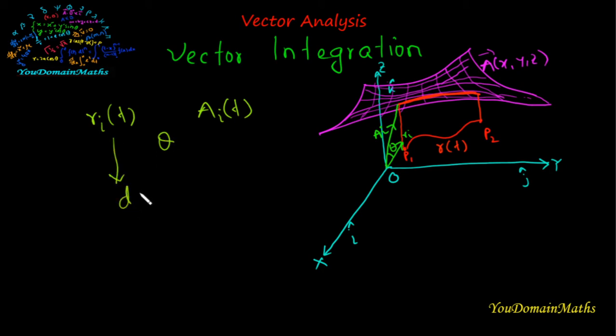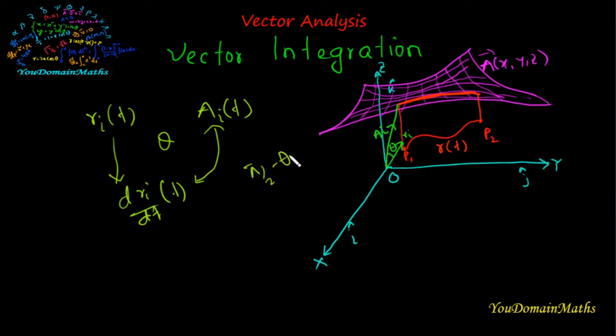Now dr_i by dt of t is a vector, and its direction is along the tangent, and the angle between the two vectors differs by pi by 2.